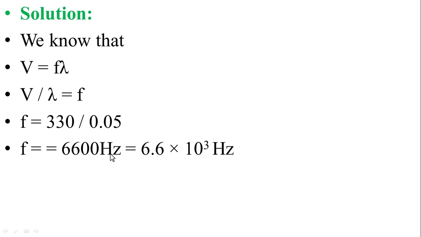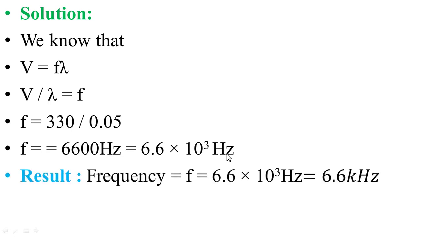So frequency is equal to 6600 Hz. Now we can change it into scientific notation. The answer is 6.6 multiplied by 10 raised to power 3 Hz. We can write that the frequency f is equal to 6.6 multiplied by 10 raised to power 3 Hz or 6.6 kilohertz.